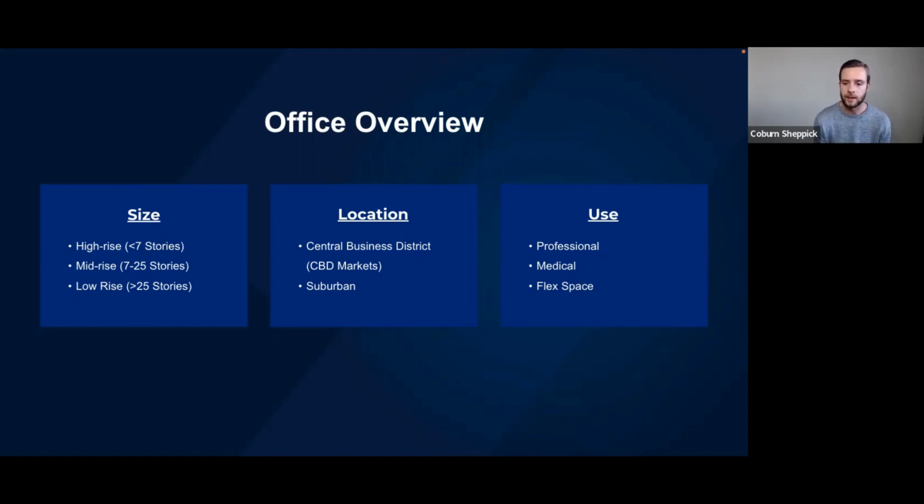And lastly is flex space. Flex space is where there might be a business running in there, people work in an office-like setting with a receptionist or desks or offices, but part of the building might be used for more industrial space.